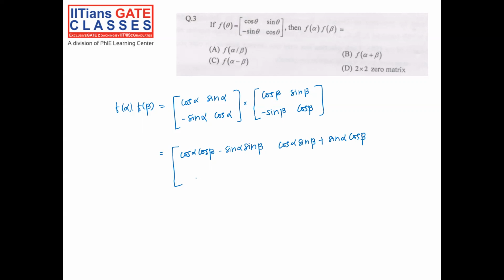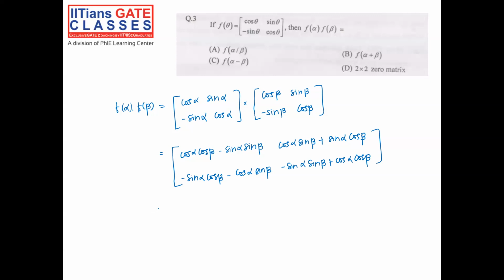The third term is minus sine alpha cos beta minus cos alpha sine beta. And the last term is minus sine alpha sine beta plus cos alpha cos beta.